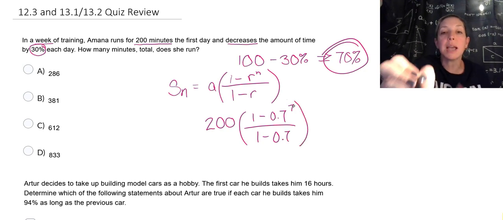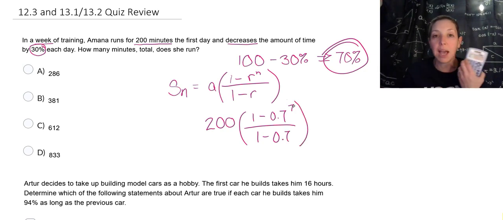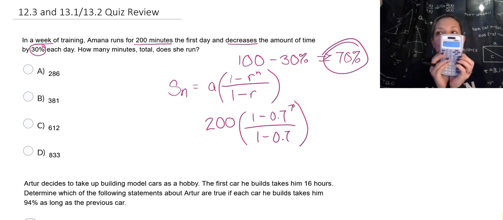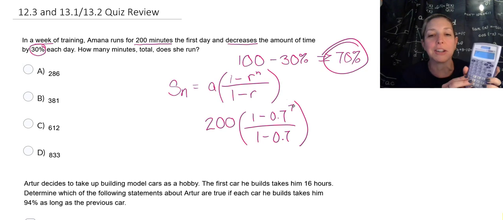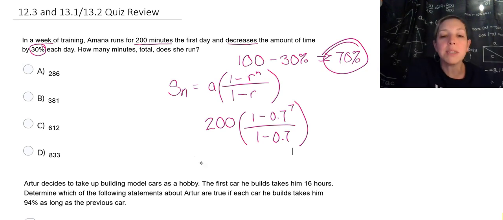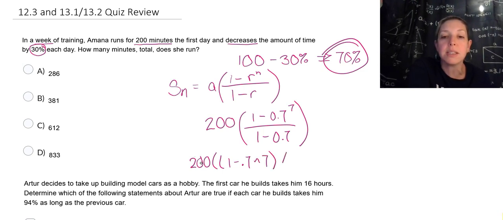Now, I'm going to type this entire thing into my calculator to solve it. You're not going to be able to see that because it's going to be backwards and it's not going to show up. But what I would type in is just a lot of parentheses. So 1 minus 0.7, and then you're going to use the caret button and 7. Put that in parentheses, divided by, again, parentheses.